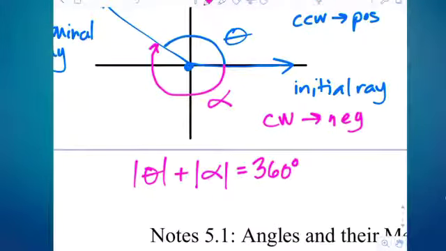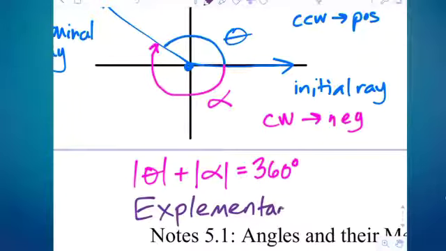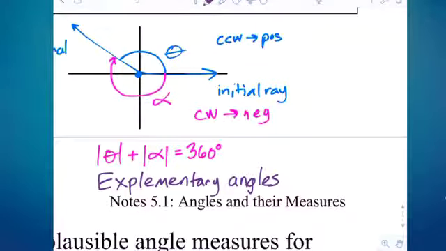Two angles that add up to 360, I kind of threw in at the end of class, as Bridget threw it out to me, are called what? Explementary angles. That's a good trivia question. They add up to 360.